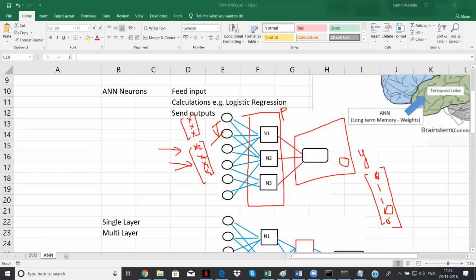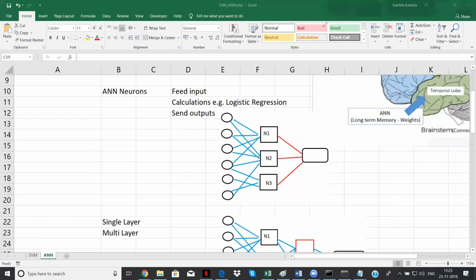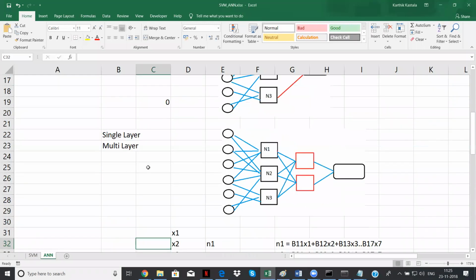This is your single layer network. I can also have a multi-layered network like this. Inputs coming to an intermediary processing unit, again getting into one more processing unit, and finally I'm getting the outputs.